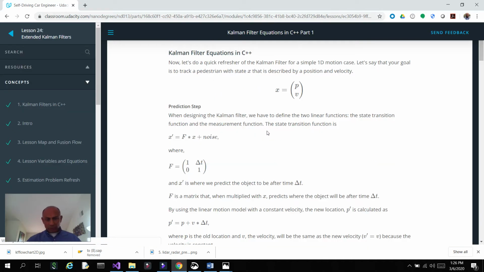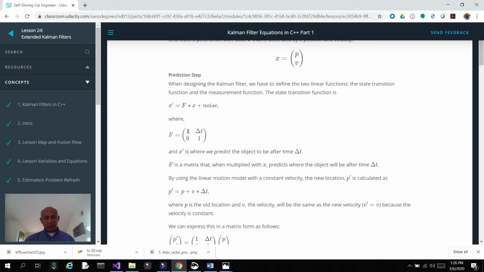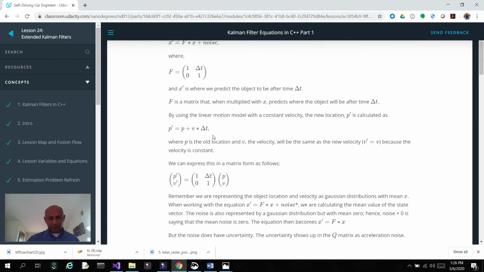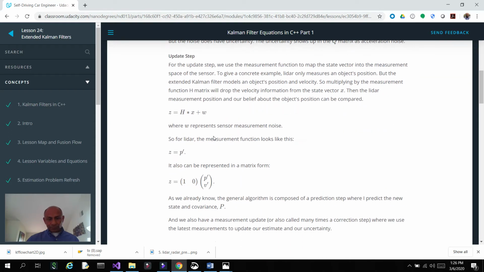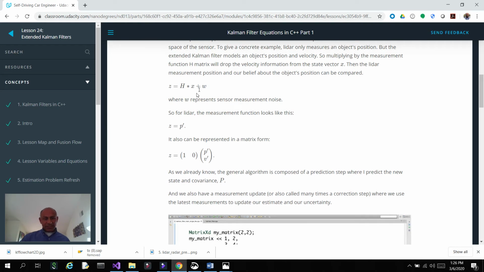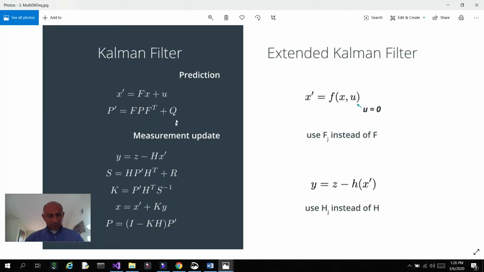I'm just going through the equations so that it makes more sense. Like I was saying, F, if it's just one dimension, the state transformation matrix would be 1 dt 0 1. And this z is our measurement. So we are now coming into measurement.